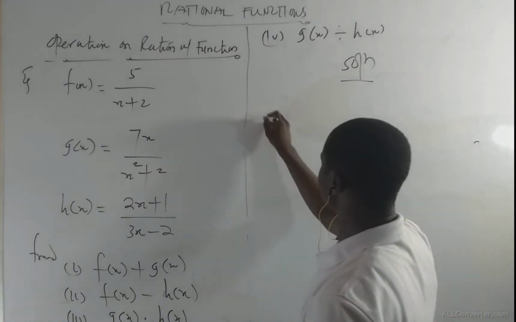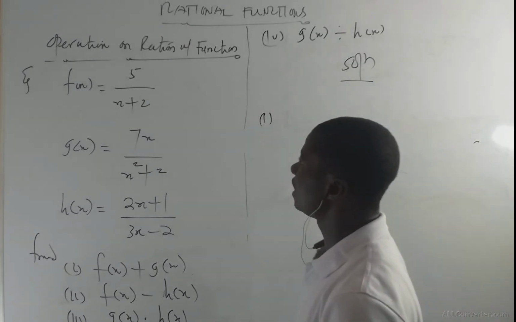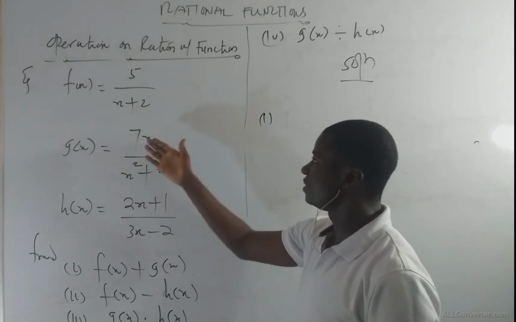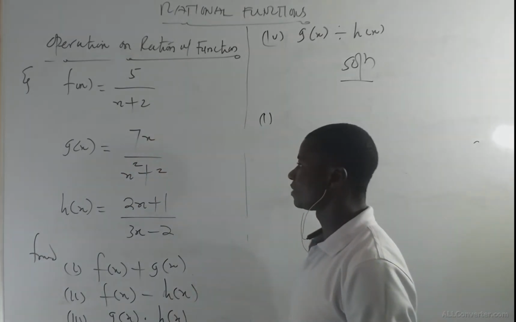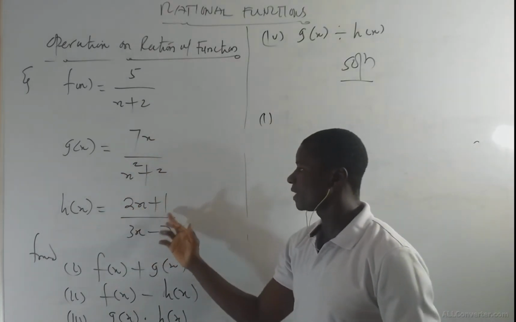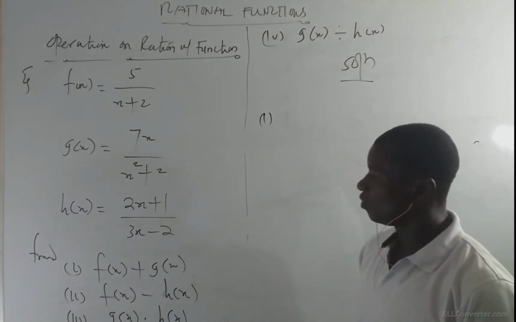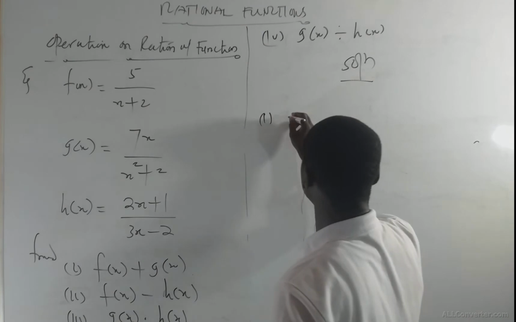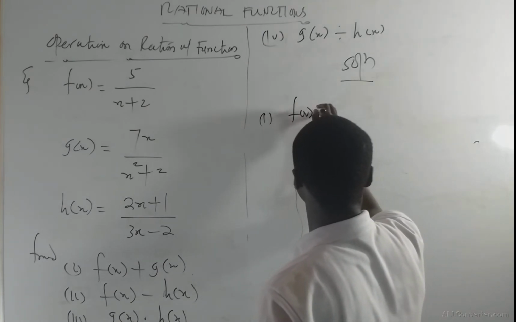Now, the first question, don't forget that we are given f of x to be equal to 5 over x plus 2, g of x to be 7x over x squared plus 2, h of x to be equal to 2x plus 1 over 3x minus 2, and we have to find f of x plus g of x. That's the first question.